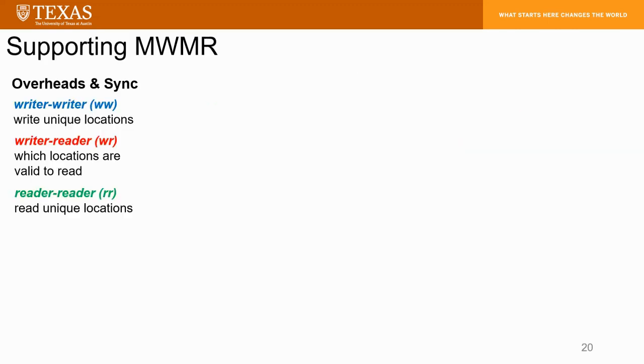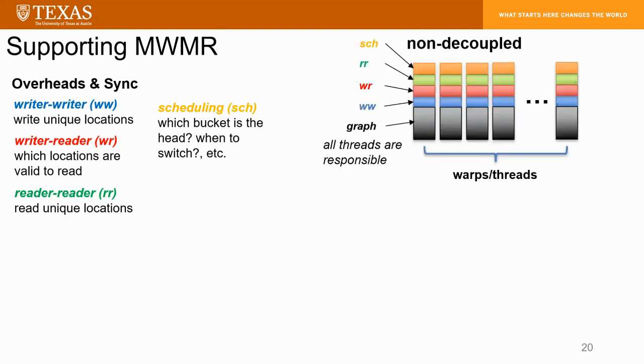To support a multiple writer, multiple reader buffer, as I mentioned earlier, there must be synchronization between writers and readers to avoid race conditions. And on top of that, there's also scheduling overhead. For example, we have to figure out which bucket is the head bucket and when to switch the head bucket, and so on.